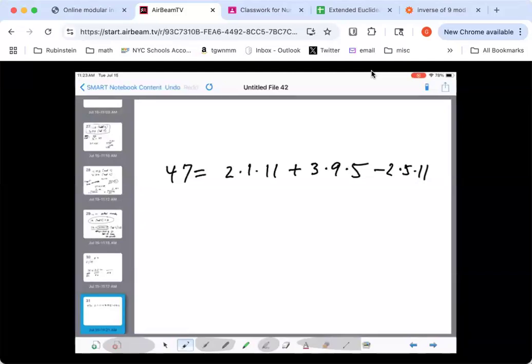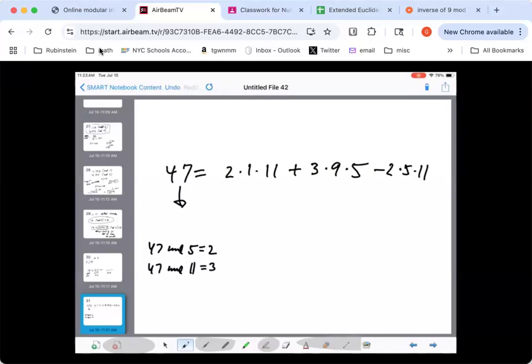Okay. Now I just want you to examine not the 47. Well, actually, I do want to look at the 47. If I do 47 mod 5, I get 2 because 9 times 5 is 45, and 47 mod 11, 11 times 4 is 44, is 3.